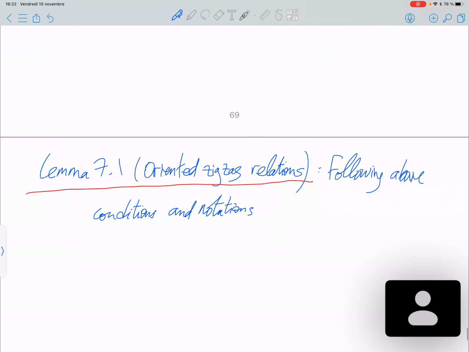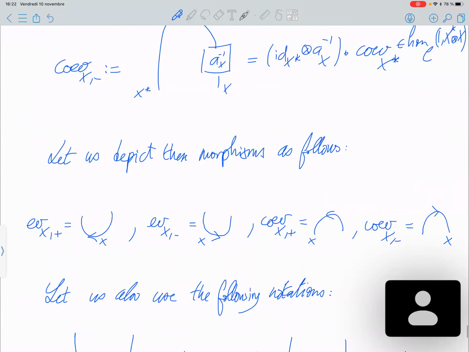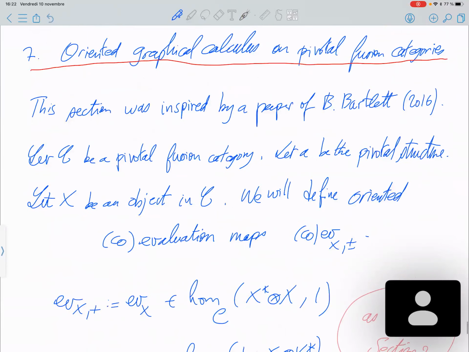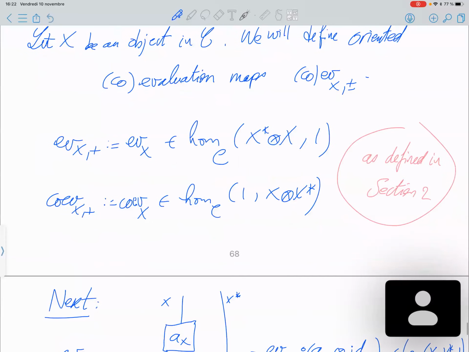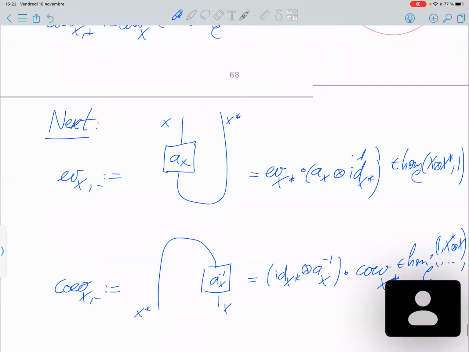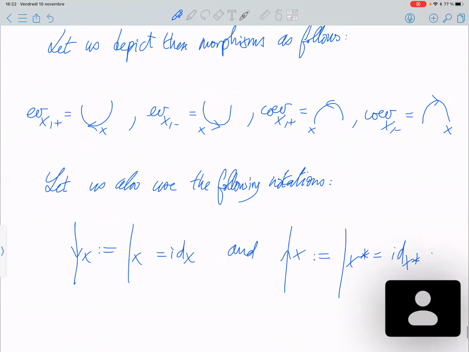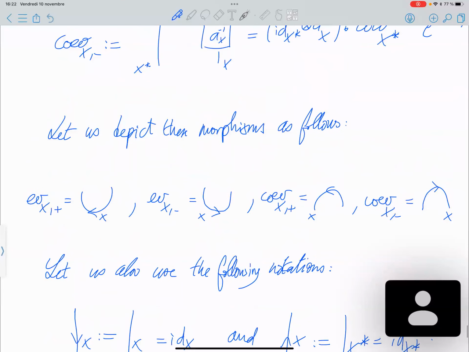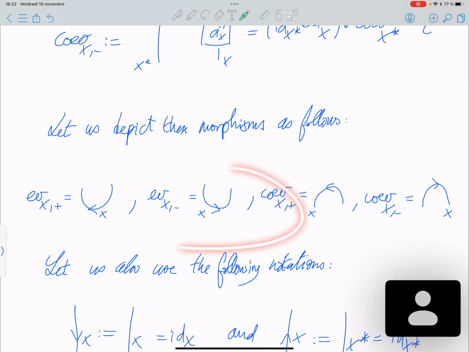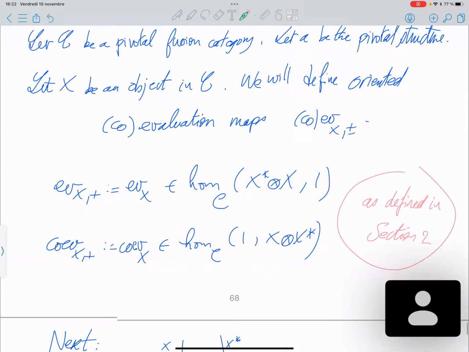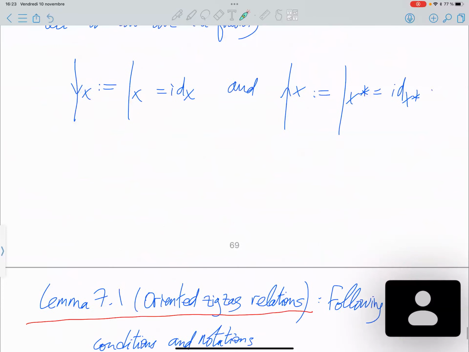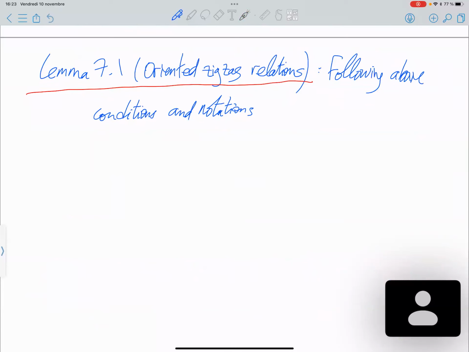By that I mean, I did not rewrite "let C be a pivotal fusion category, let A be blah blah blah, let X be blah blah blah." So this is this condition and this notation. By notation, I mean this notation. So we use this notation and this condition, and we get this oriented zigzag relation.